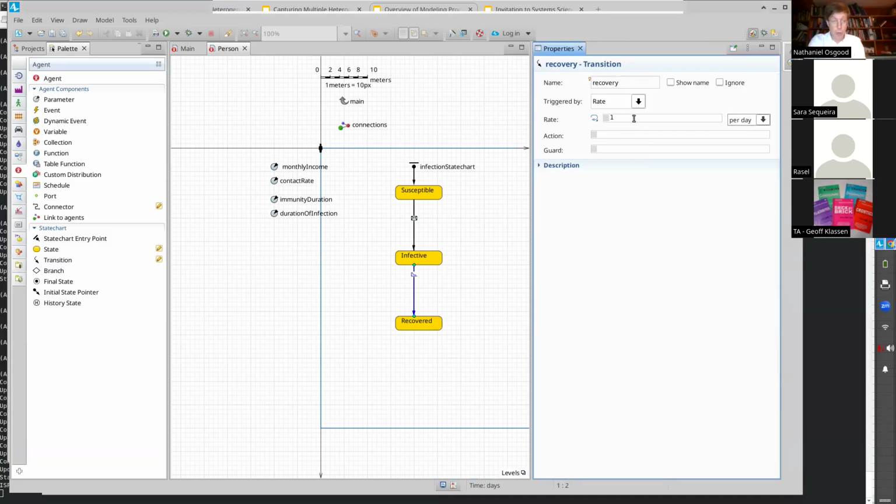And this rate will be given by, you may remember, a general fact about mathematical statistics and stochastic processes.